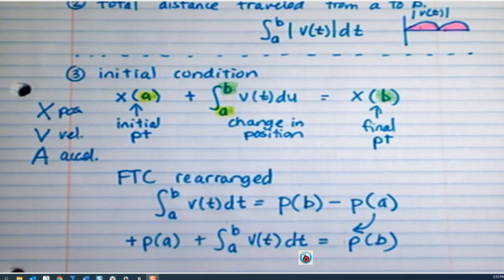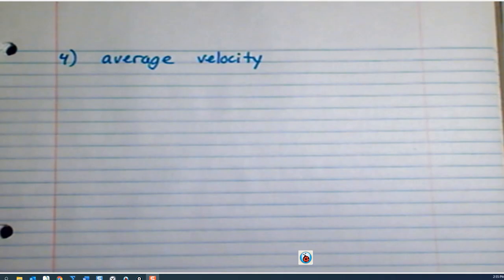All right, now the fourth and final formula that we didn't get to talk about too much, I'm going to go ahead and flip my page here, is average velocity.